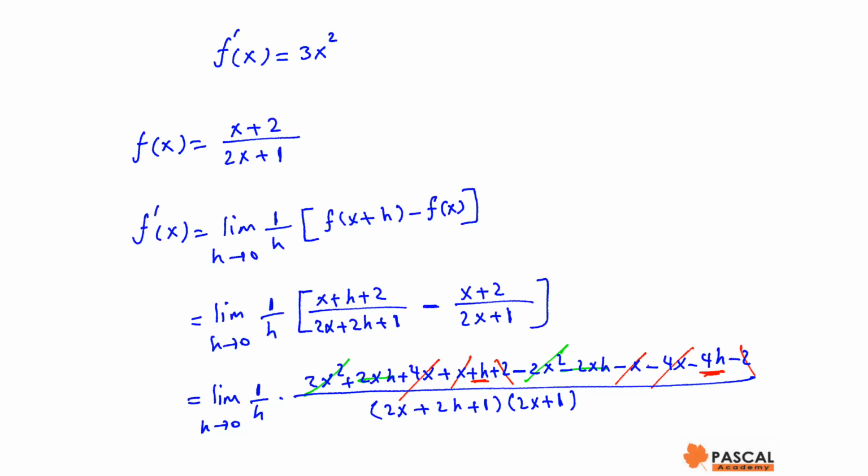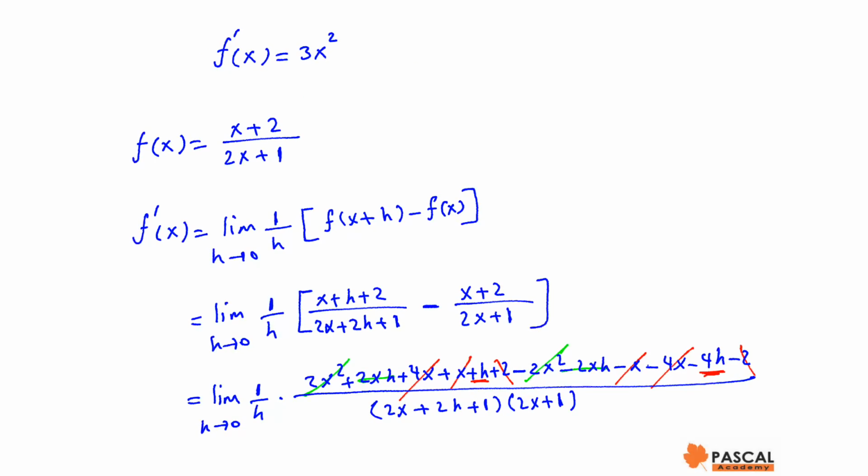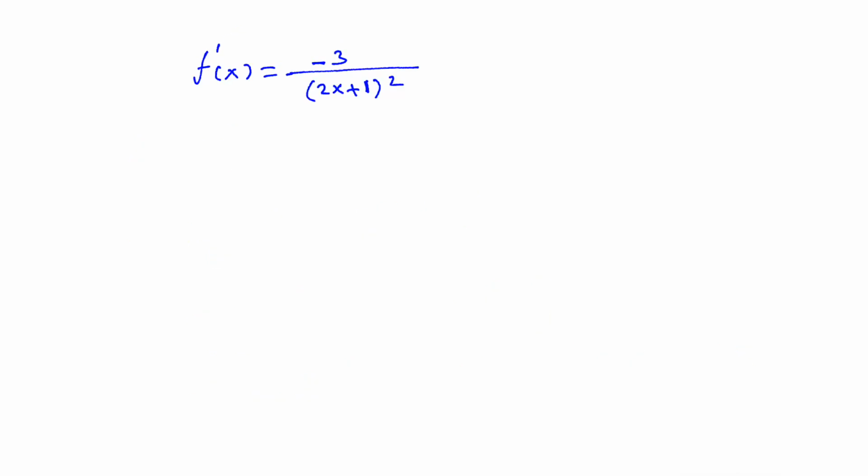We reduce it by h. We have -3 on the top. And as h approaches 0, the denominator would be (2x+1)^2. That means the derivative of f(x) = (x+2)/(2x+1) is -3/(2x+1)^2.